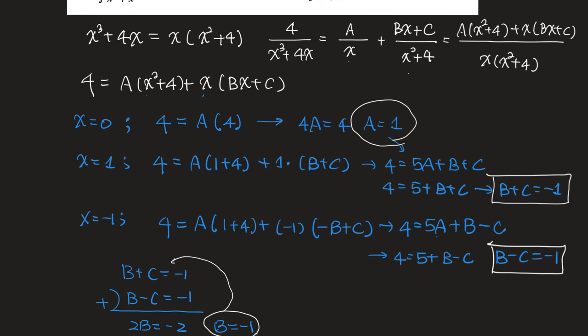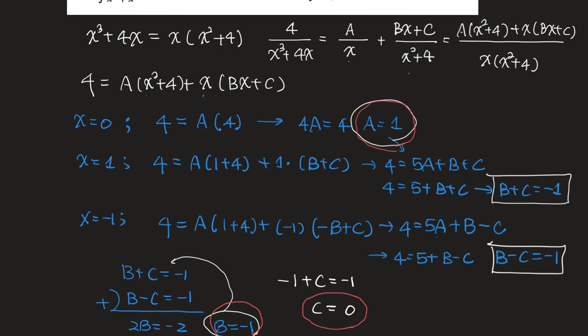I plug into the first equation: -1 plus C equals -1, so C equals 0. Everything make sense? So now you find A value is 1, B value is -1, C value is 0.